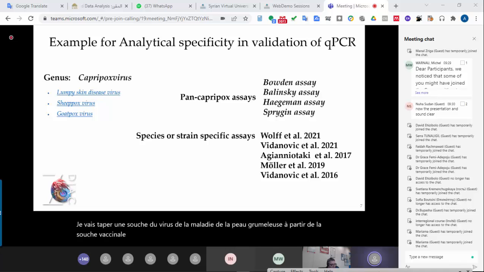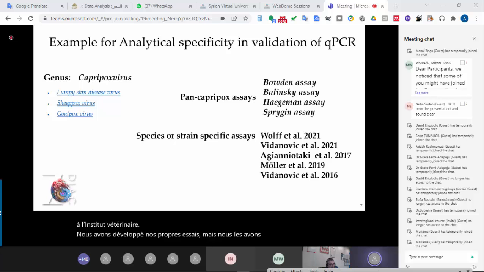And the first of these assays were developed in our laboratory together with colleagues from Friedrich Loeffler Institute, Dr. Ben Hoffman and his team. They developed their own assay, and we in the Veterinary Institute Kraljevo developed our own assays, but we published it in one joint paper.